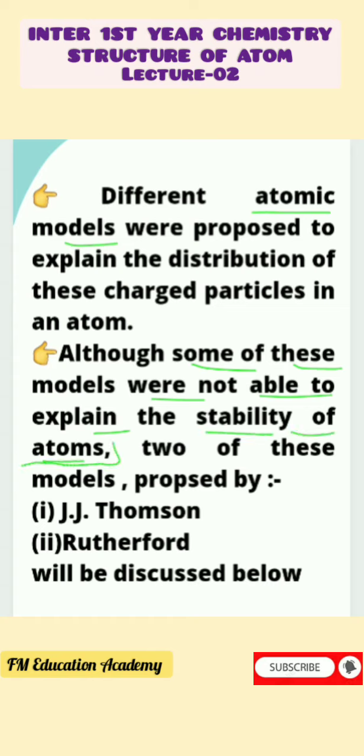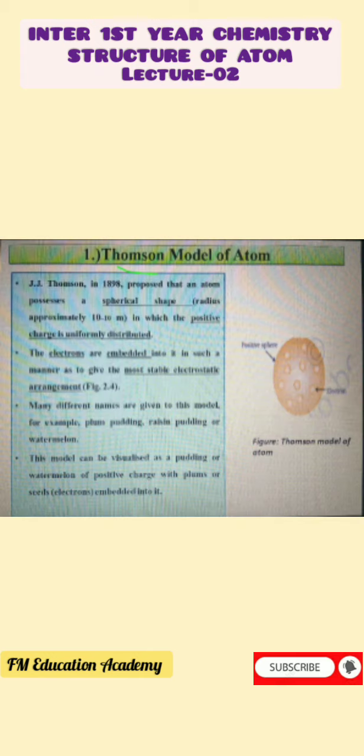We know it is very important for atoms to remain stable, but these models failed to explain the stability of atoms. Still, in our portion, there are two models which are discussed: the model proposed by J.J. Thomson and the model proposed by Rutherford for understanding the distribution of charged particles. So let us see that now.